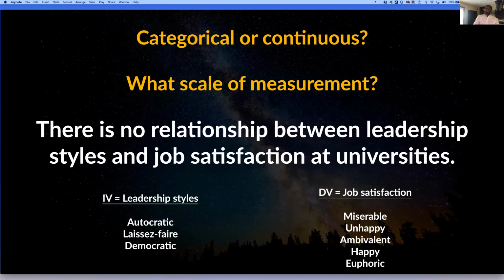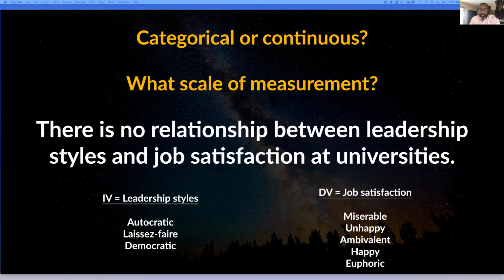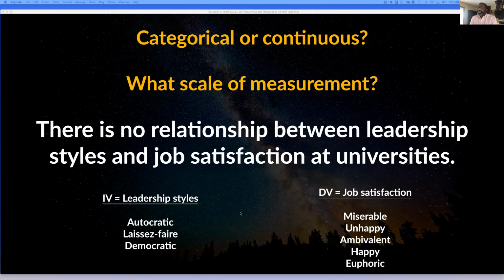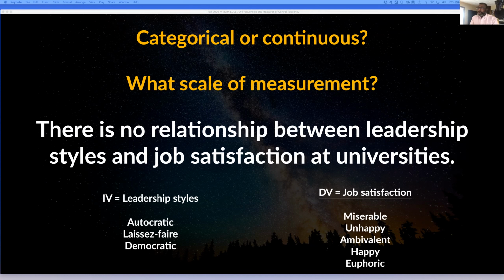All right. There is no relationship between leadership styles and job satisfaction at universities. So this is a hypothesis. This is a bonus question here.